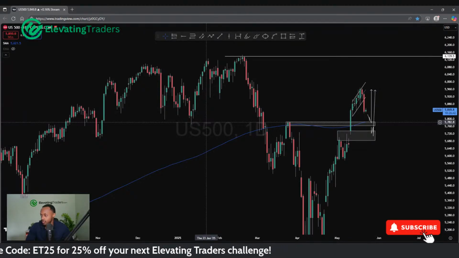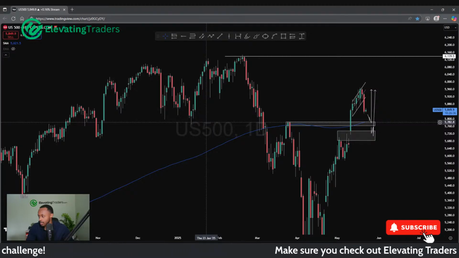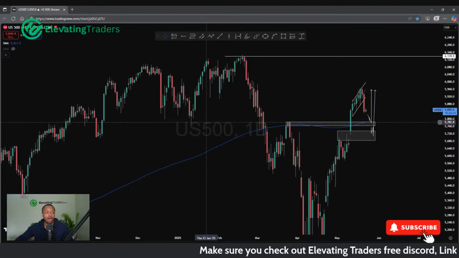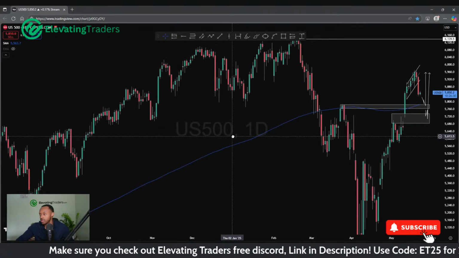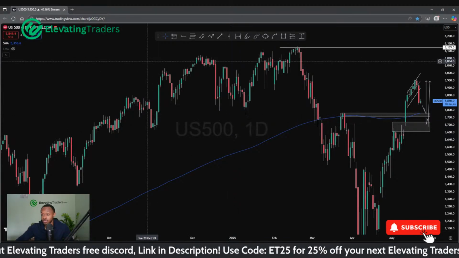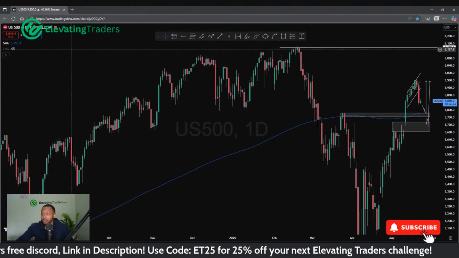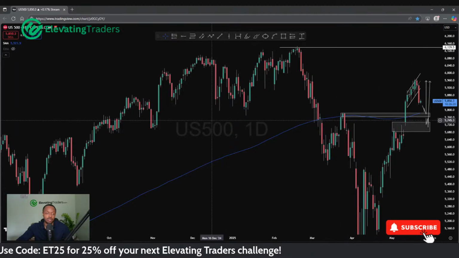Hi Elf, what is up? Small suggestion: could you make it so that the Elevator Trader logo is on the right side of the screen? It always hides the ticker you're looking at. I do have the information on the screen then in the center. The S&P. I mean, I probably should move it to the right anyway, actually, because it's just more space to the right. So I probably will do that anyway.